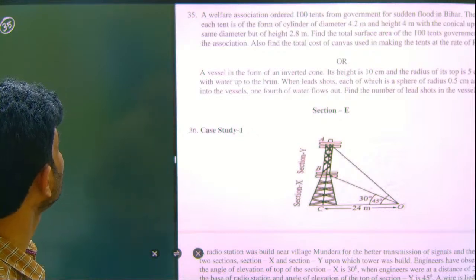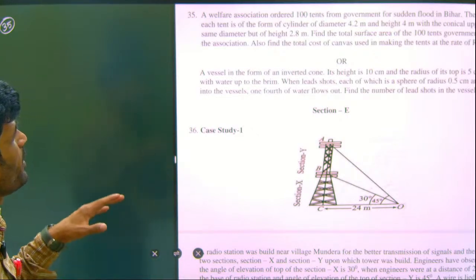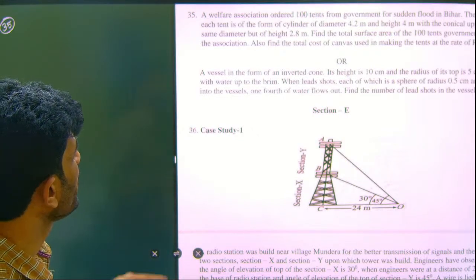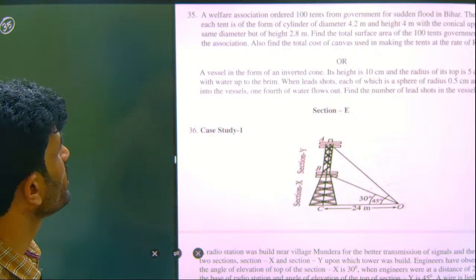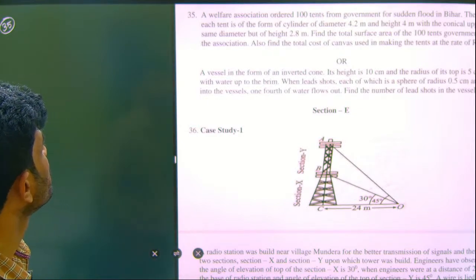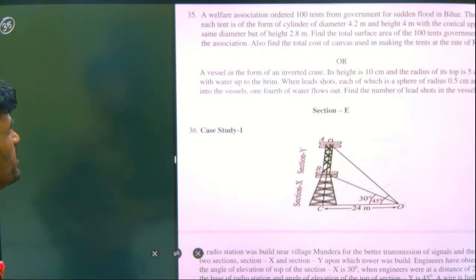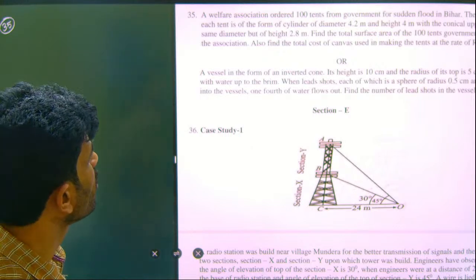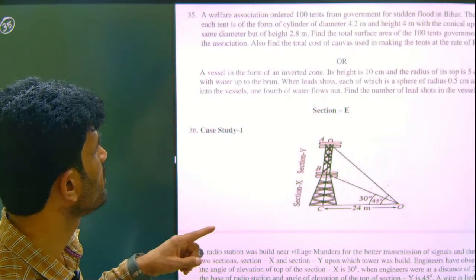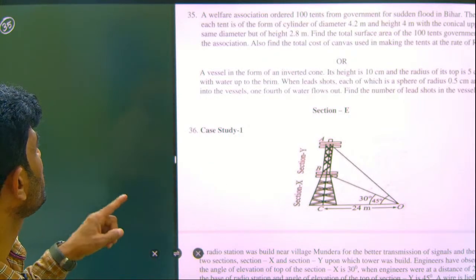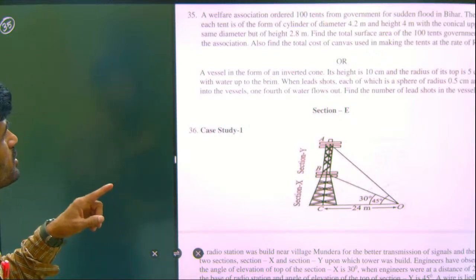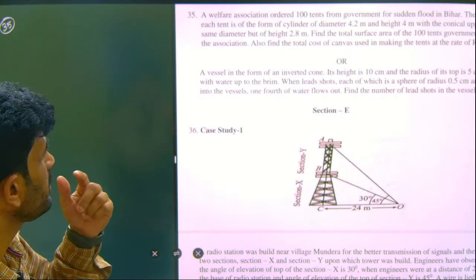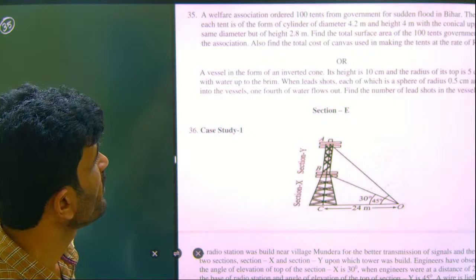The lower part of each tent is in the form of a cylinder of diameter 4.2 meters and height 4 meters, with a conical upper part of the same diameter but height 2.8 meters. Find the total surface area of the 100 tents the government supplied to the association. Also find the total cost of canvas used in making the tents at the rate of 50 rupees per meter square.